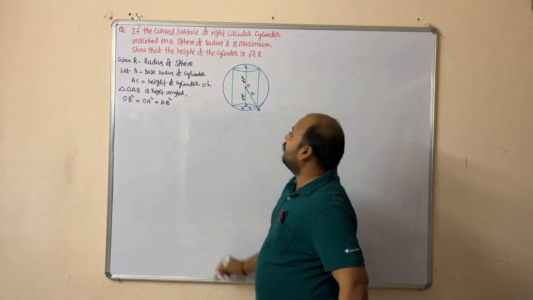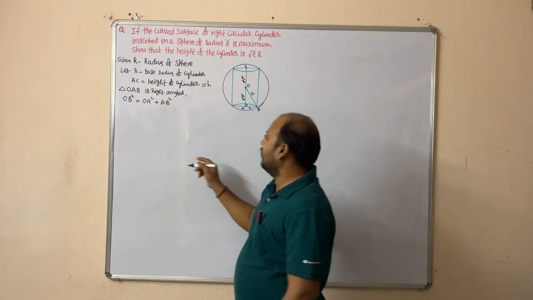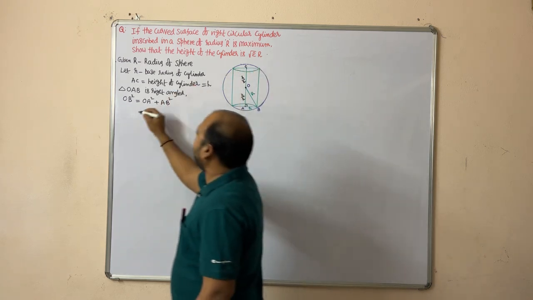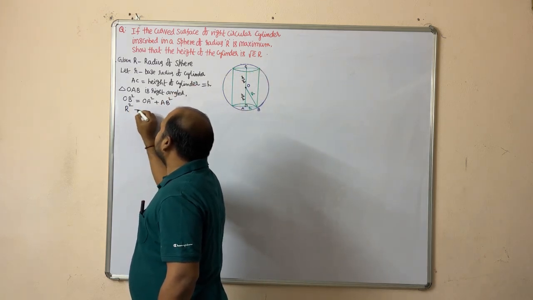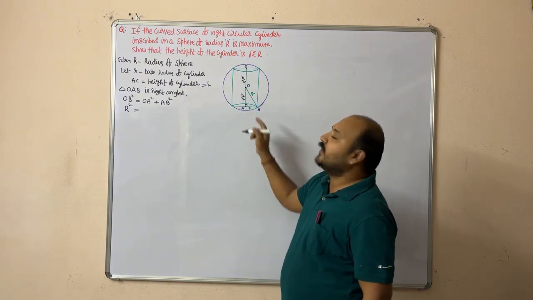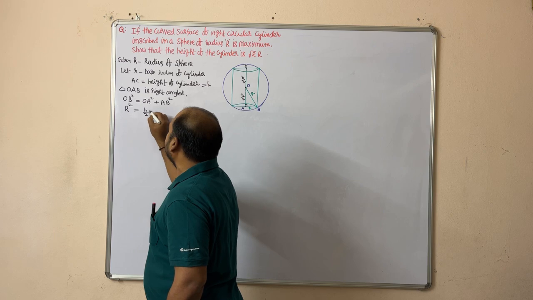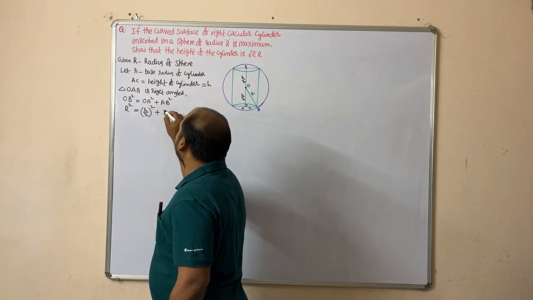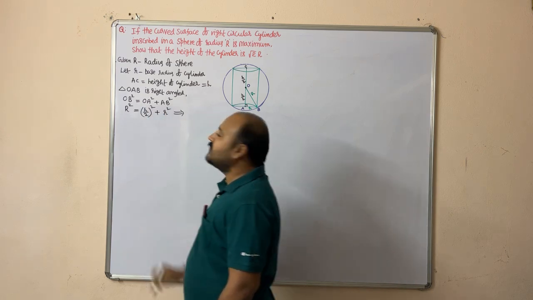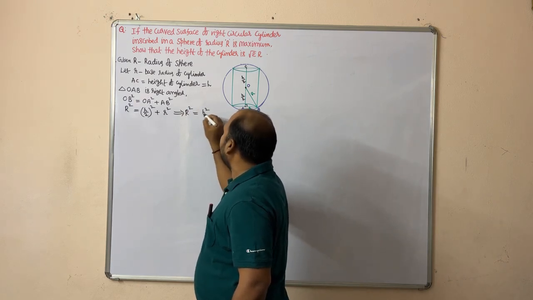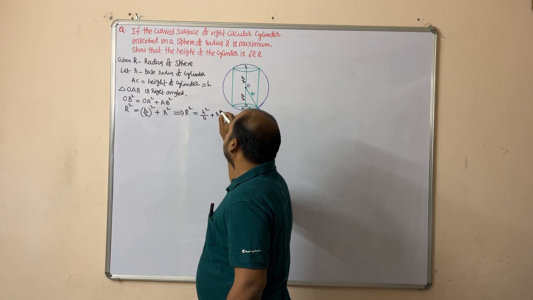From that I want to get the value of small r. OB is equal to capital R. Capital R square is equal to OA, which is H by 2, whole square, plus small r whole square. That implies capital R square is equal to H square by 4 plus r square.